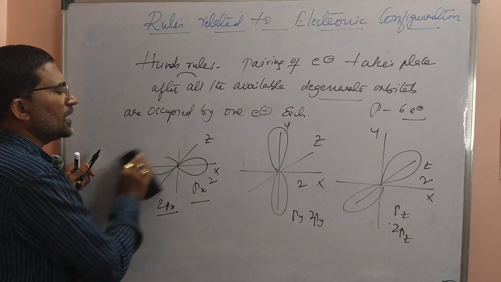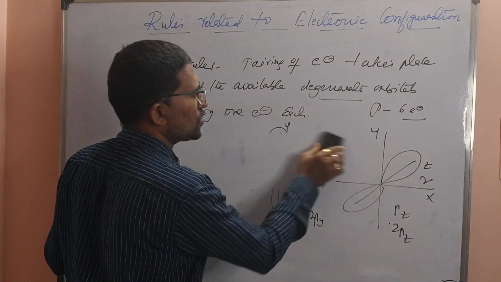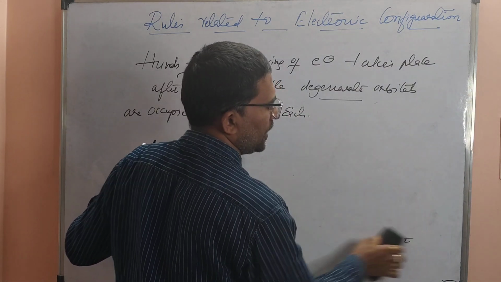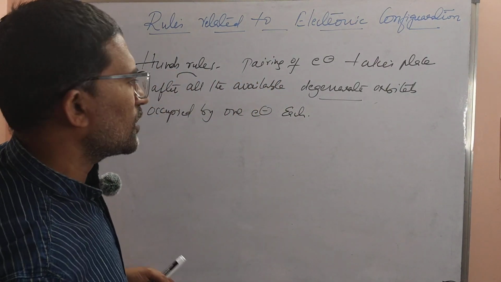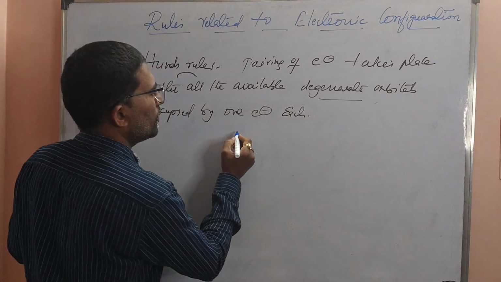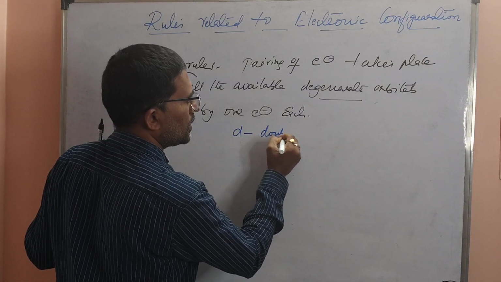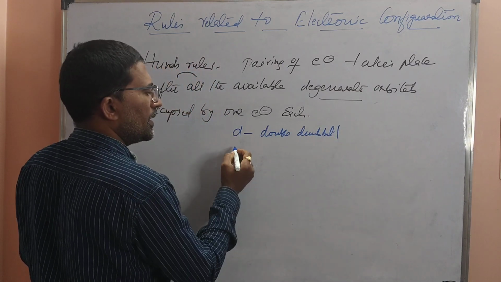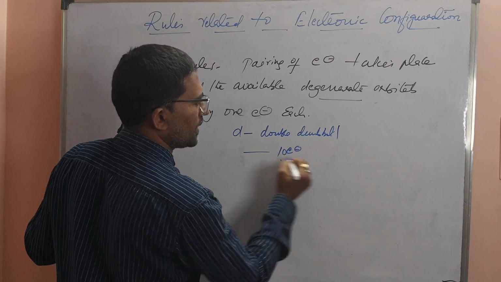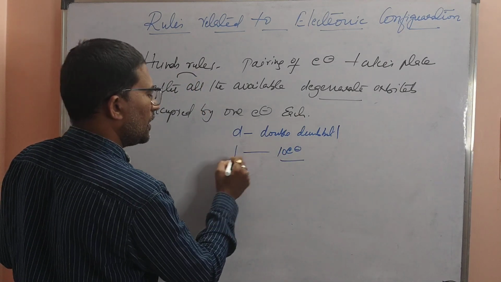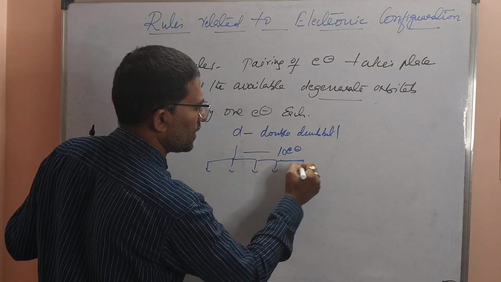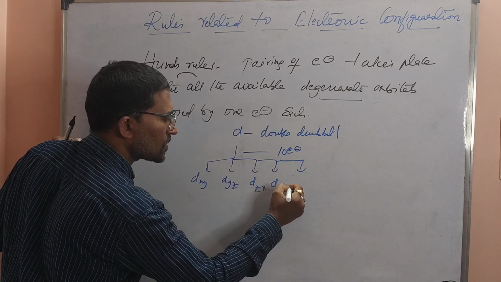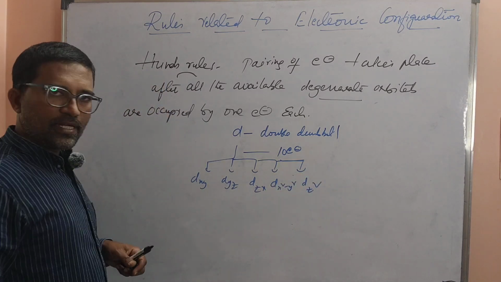Whereas the d orbital has a double dumbbell shape, and the maximum number of electrons is 10. The d orbital has 5 suborbitals, which are degenerate: dxy, dyz, dzx, dx square minus y square, and dz square.